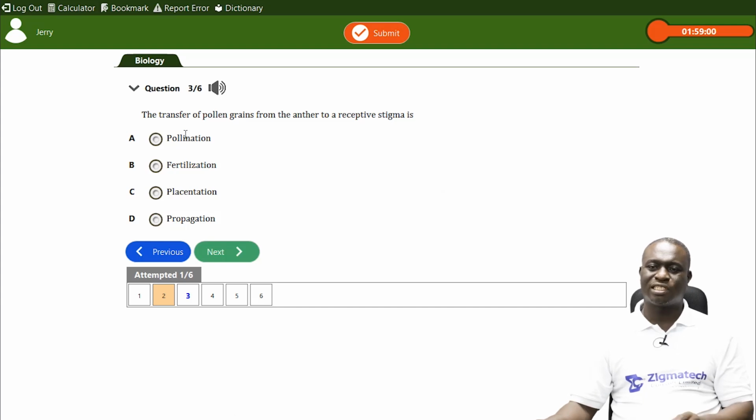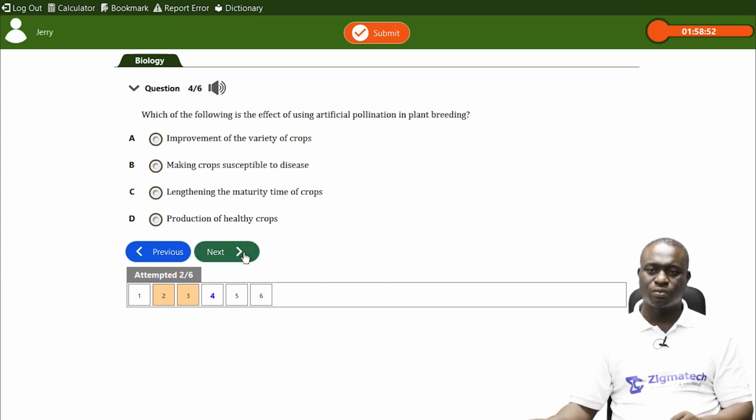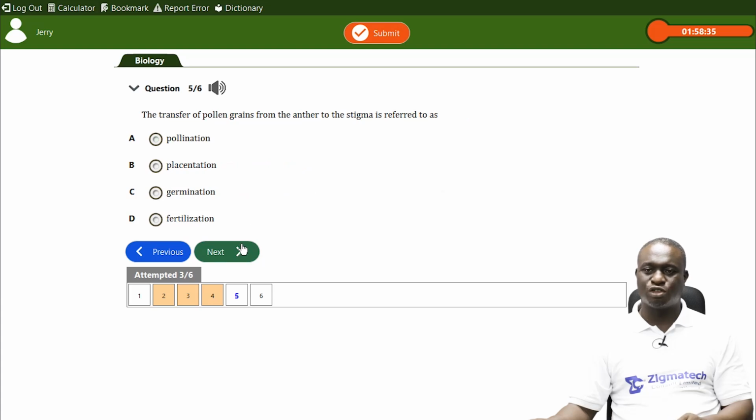Now look at this question. They said the transfer of pollen grains from the anther to a receptive stigma is actually called pollination. Next question says, which of the following is the effect of using artificial pollination in plant breeding? Of course, it is improvement of the variety of crops, though we didn't mention that.